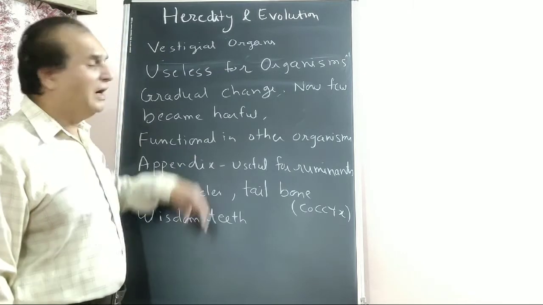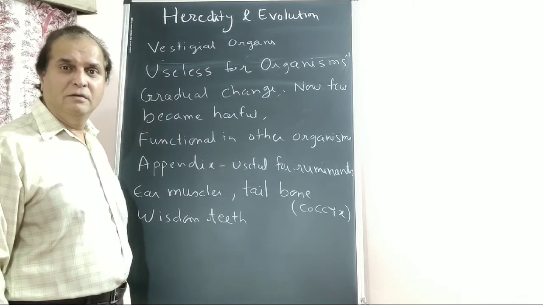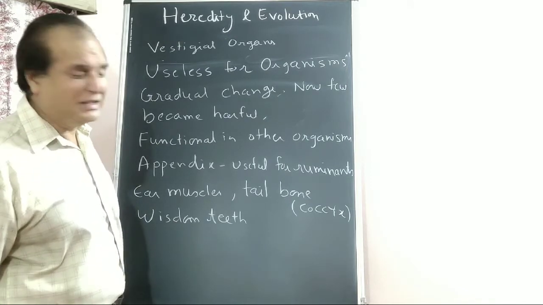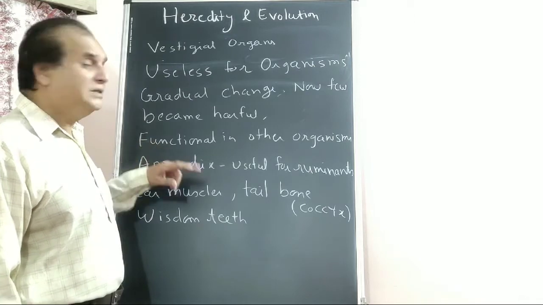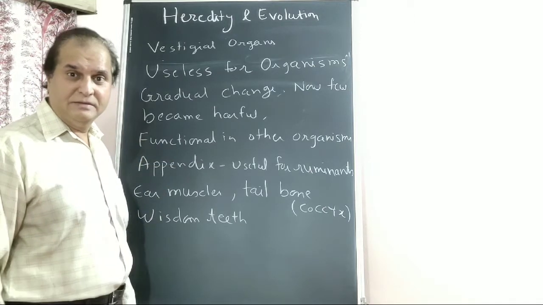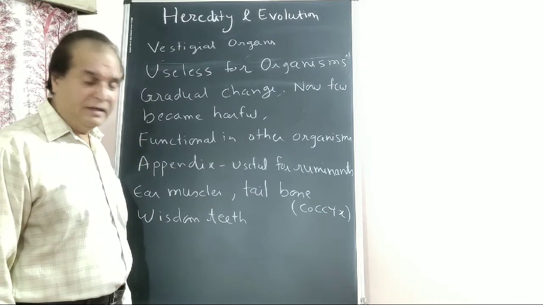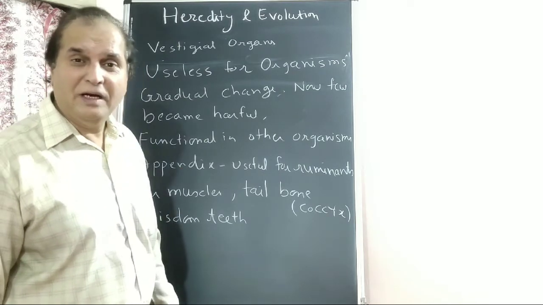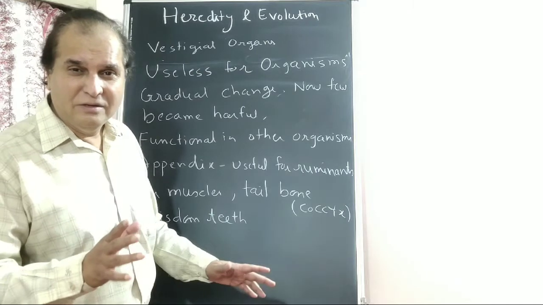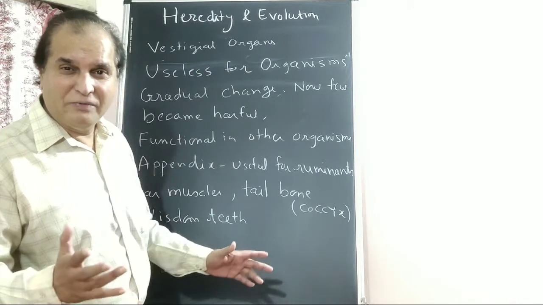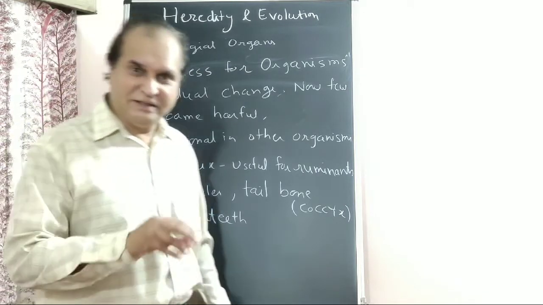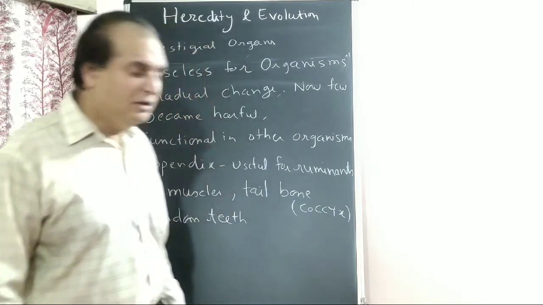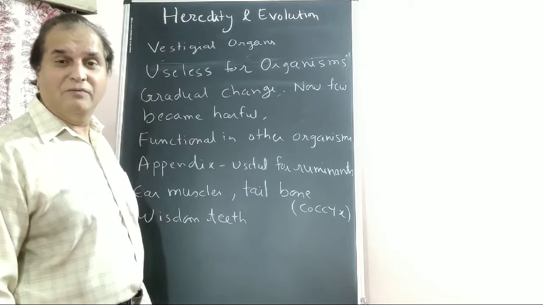Few have become even harmful. They are vestigial organs. They are functional in other organisms. For example, the appendix. Useful for ruminants, cows, buffalo. They need a big appendix. But now it is trouble for human beings.